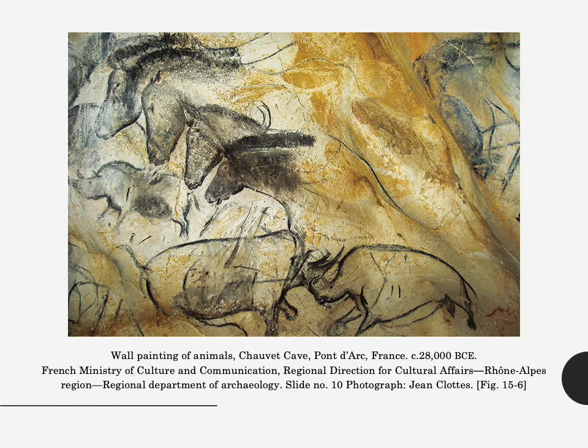Interesting thing is how realistic they are. The shapes are very realistic and mostly animals. For a long time, they thought that the animals painted in the caves were for hunting and making a good hunt. But after that, they found rhinos or lions or something like that, which we know were not a part of the human diet.